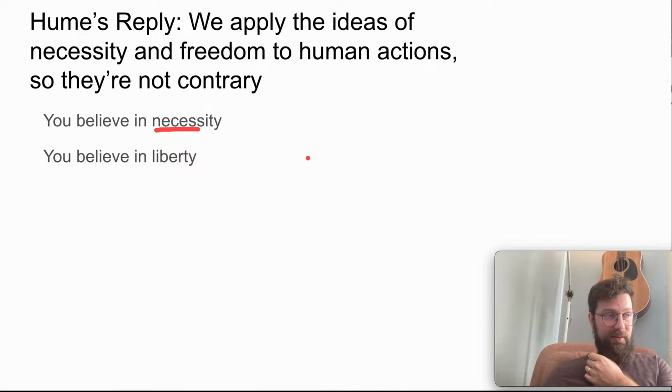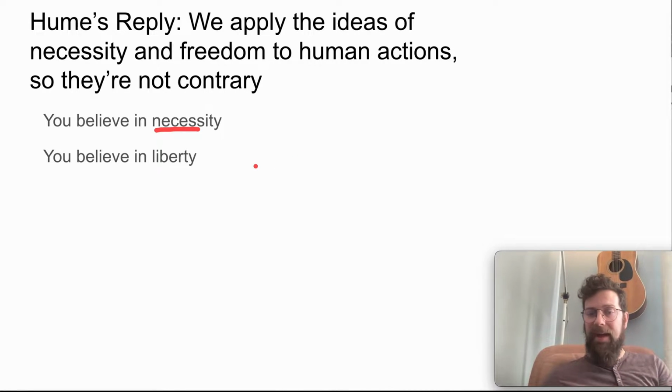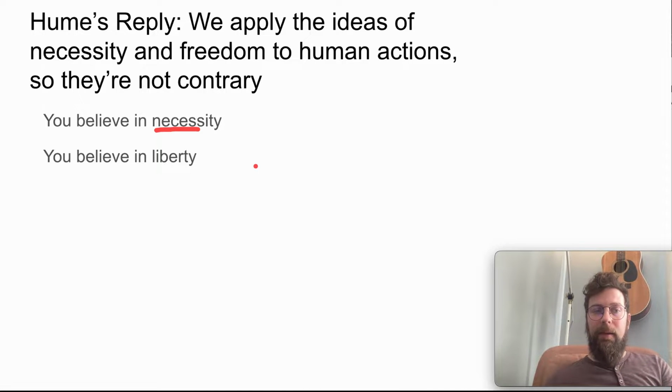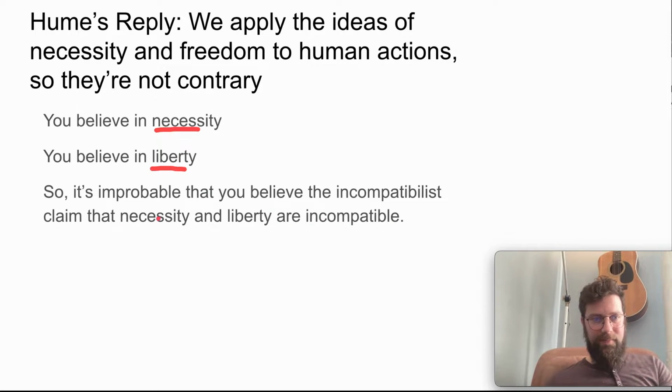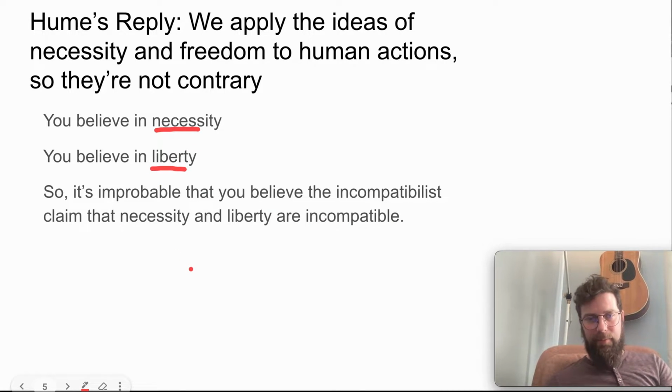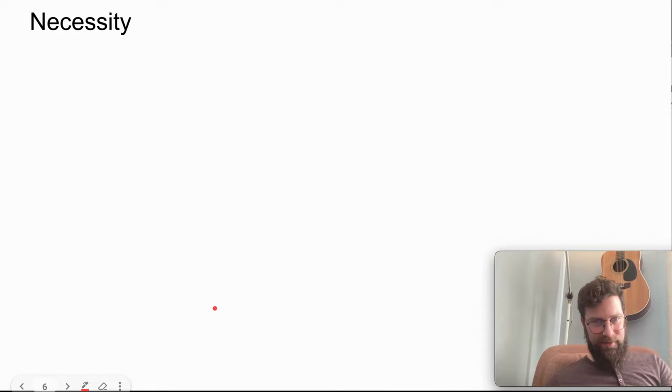You have a working concept of free versus unfree actions. And in that way, you believe in that too. So Hume says, it's very improbable that you accept the incompatibilist definition of freedom that makes necessity and liberty incompatible. So let's see how he builds this.